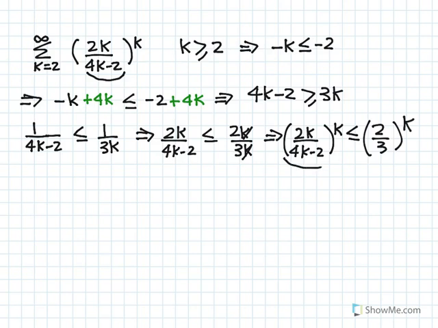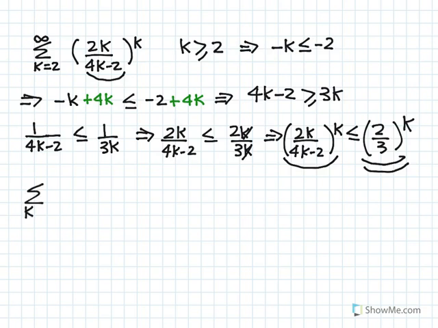Now you can see we have constructed a general term of our given series. So (2k divided by 4k minus 2) to the power of k is less than or equal to (2/3) to the k. What do you notice about (2/3) to the k? This is the general term of a convergent geometric series. Let's write that down.